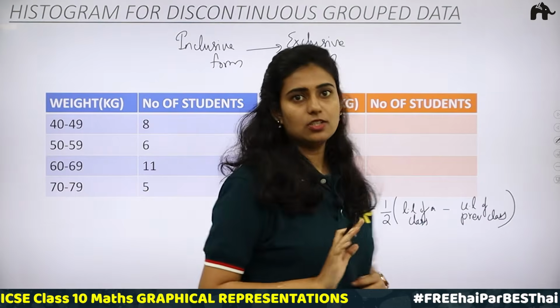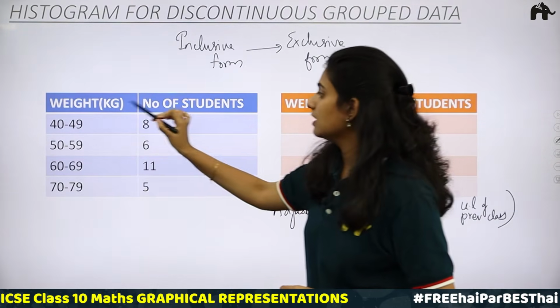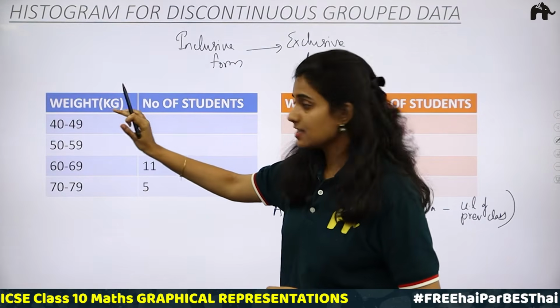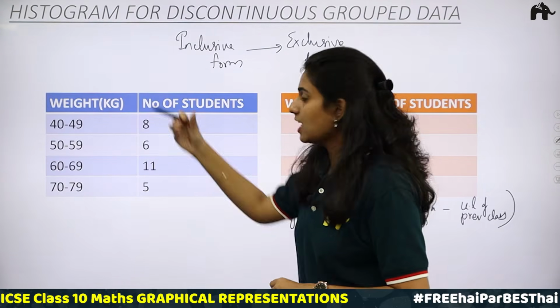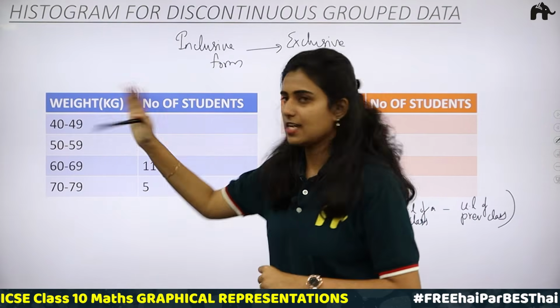If you are considering two classes, we have to subtract the upper limit of the first class from the lower limit of the second class.